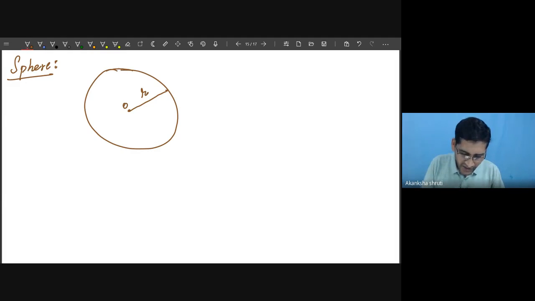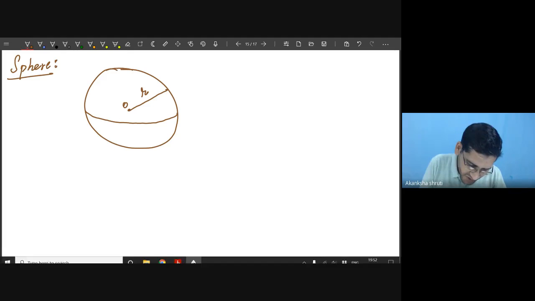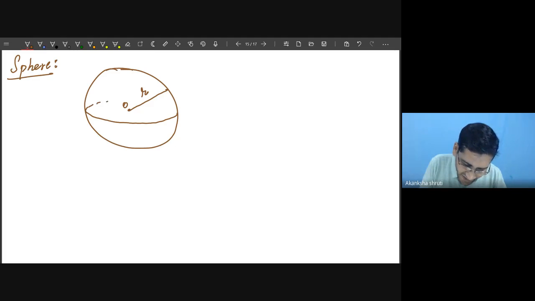To denote this sphere in two dimensions and avoid the confusion of whether it is representing a circle or a sphere, another elliptical line is drawn here, indicating that it is a sphere, where some part is inward and some is projected outward. Okay, so it is denoted like this.